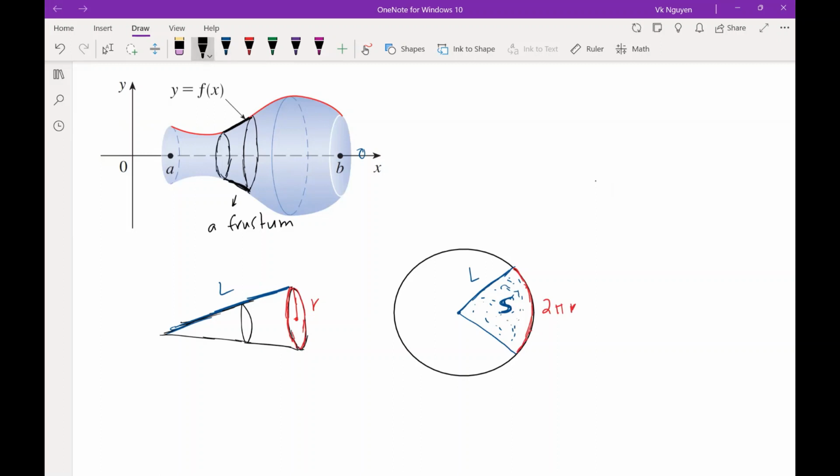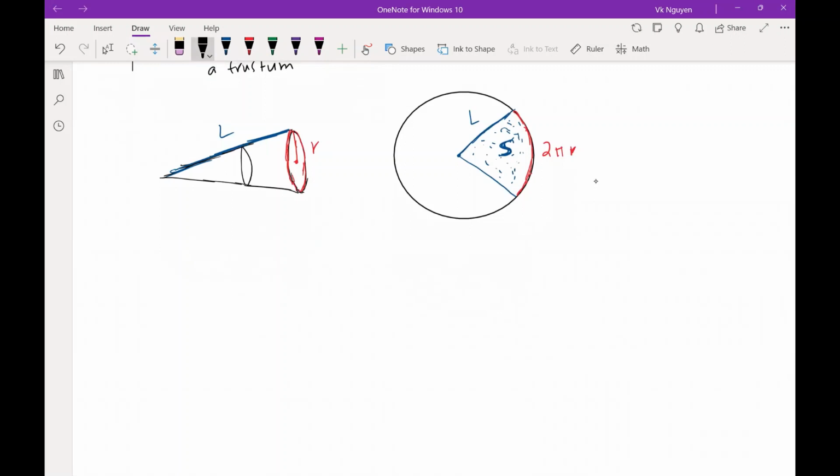Oh, and then from here we see that the surface area is a fraction of the entire area. Okay, the fraction is theta, this angle theta right here, over 2 pi, multiplied by the area.